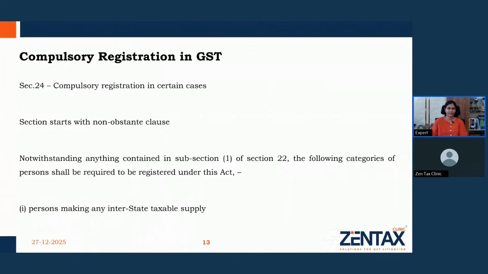In section 24, they have listed the persons for whom registration is compulsory under the GST Act. One such exception is a person making any interstate taxable supply. If a person is making any interstate taxable supply, then they need to get compulsorily registered.